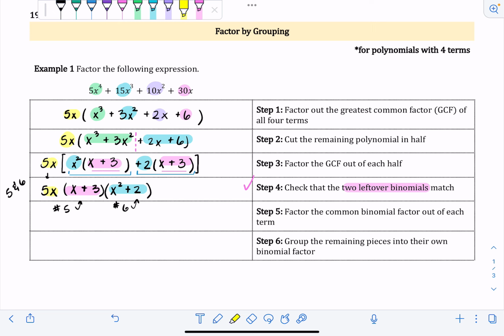Step 5, factor the common binomial factor out of each term. That's what we did with the x plus 3. And then step 6, group the remaining pieces into their own factor. That's what we did right here with the x squared plus 2. Okay, so our final answer is 5x times (x plus 3) times (x squared plus 2).